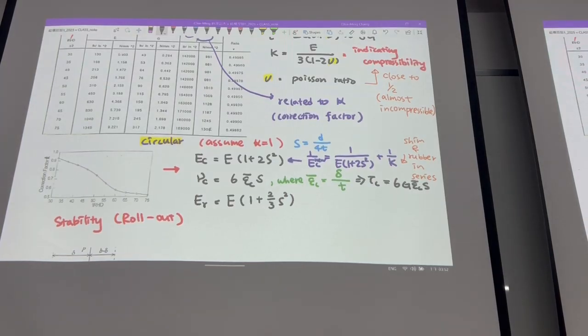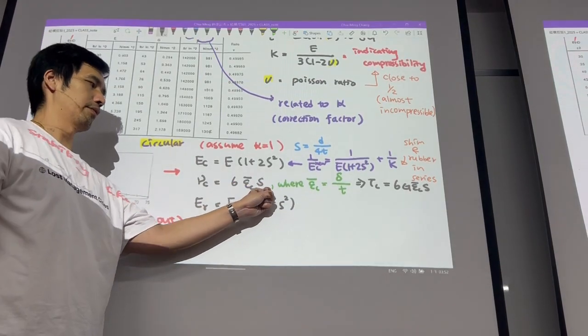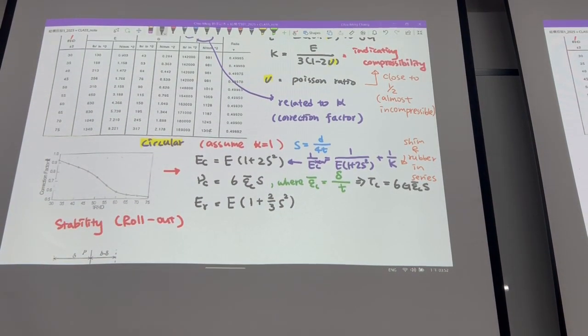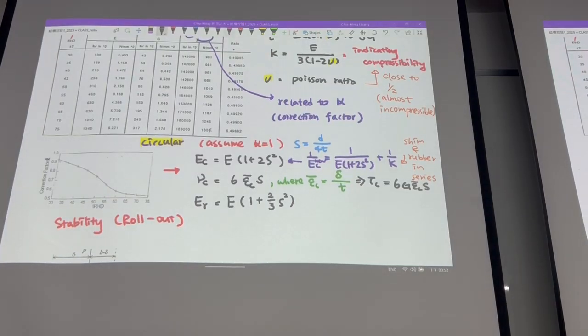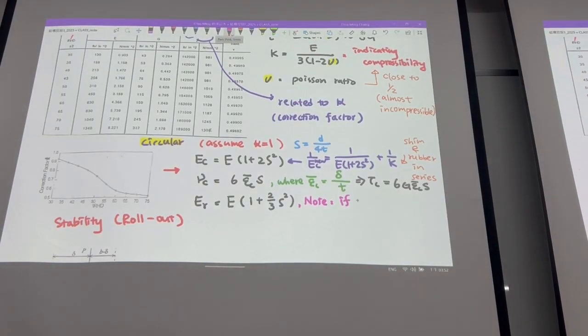If there are different types of shapes, then you will have a different number you have to put in. And in this equation, we only consider its incompressibility.